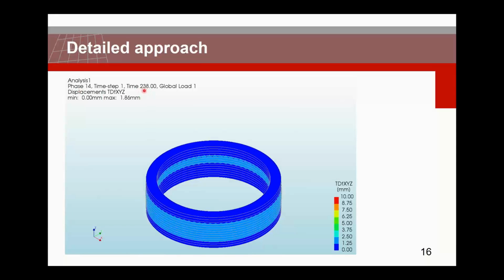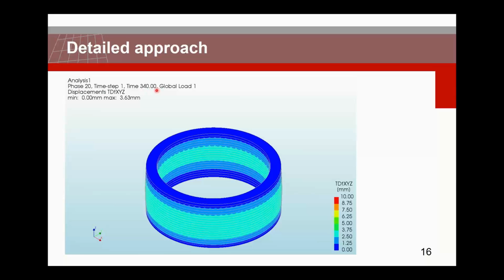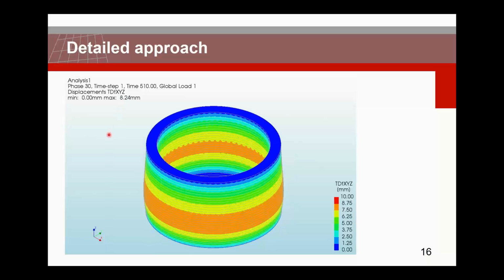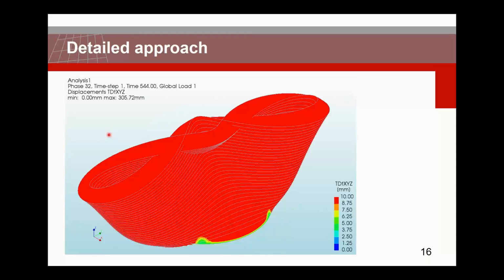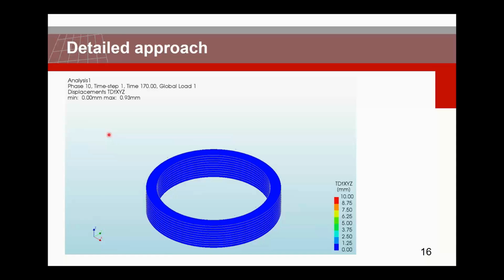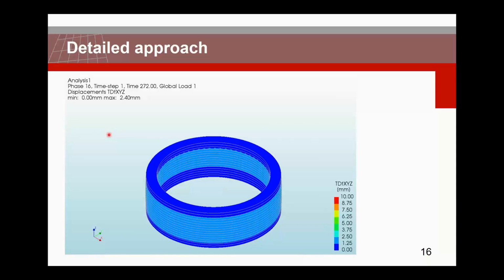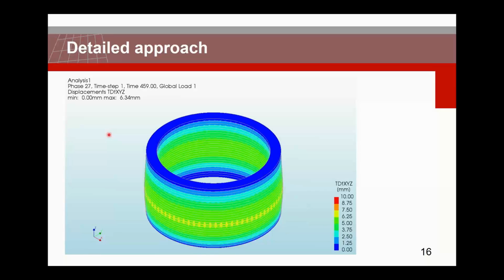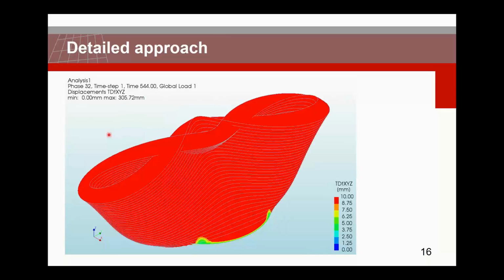And also here you can see the time, and here the maximum displacement. Indeed, we see exactly the same behavior as in the experiment. Only in our case, it's failing just after layer 31, and in the experiment, they fail at layer 29. So that's not too bad.